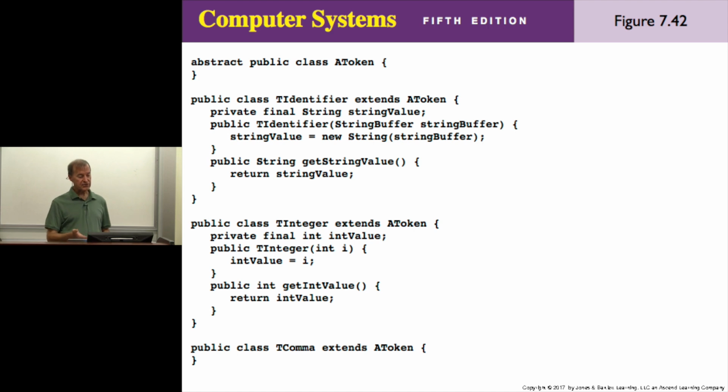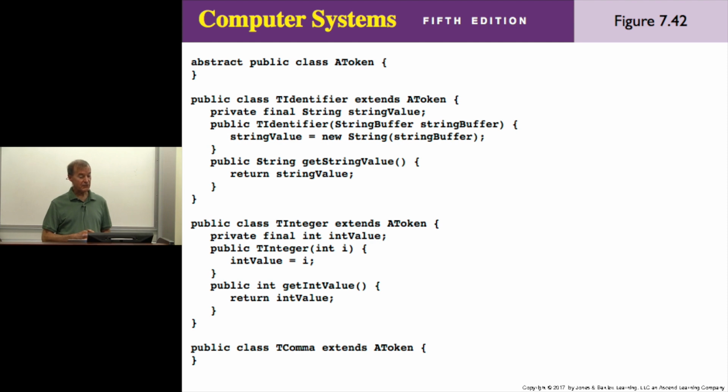And the constructor just sets the attribute to what got passed in the parameter list. But now here's a new one that we're going to use in a minute. Let's take a look at this public String getStringValue. Now what does getStringValue do? It returns its stringValue.